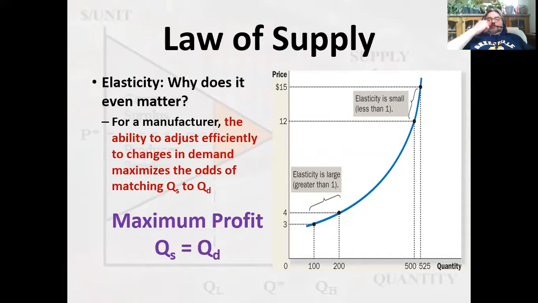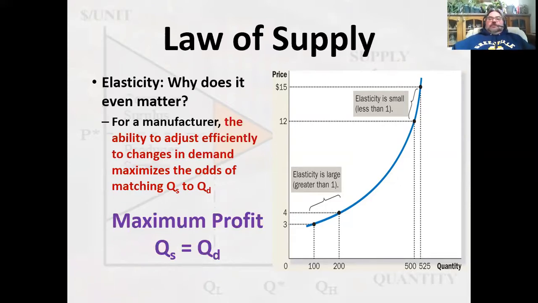And when we look at market equilibrium, we're going to look at where the demand curve and the supply curve cross. And when that happens, the point where they touch is called the equilibrium point. And that is the point of maximum profit, when quantity supplied and quantity demanded actually equal each other.